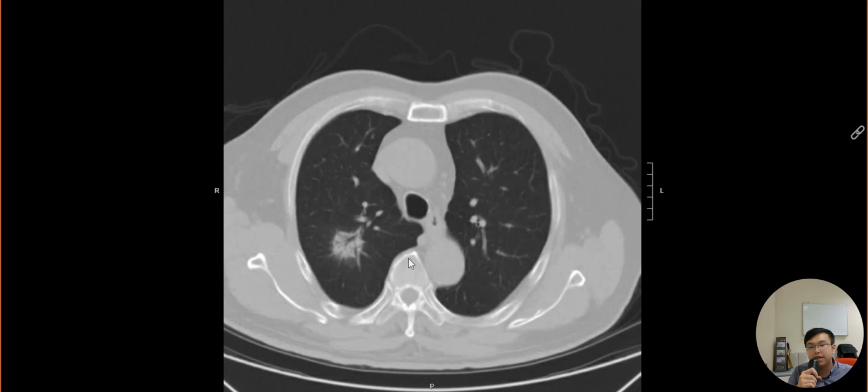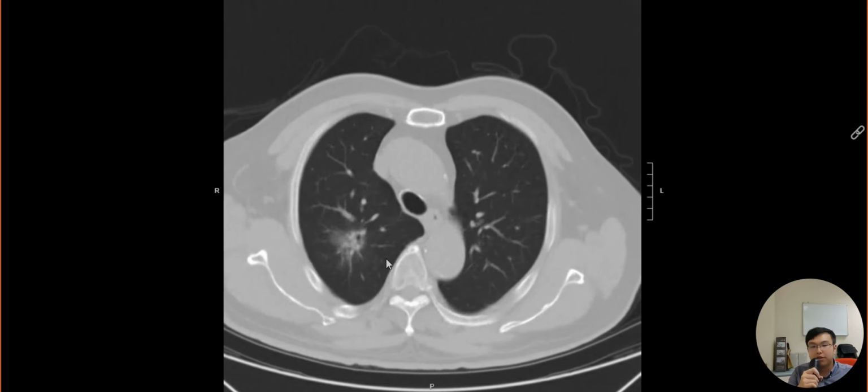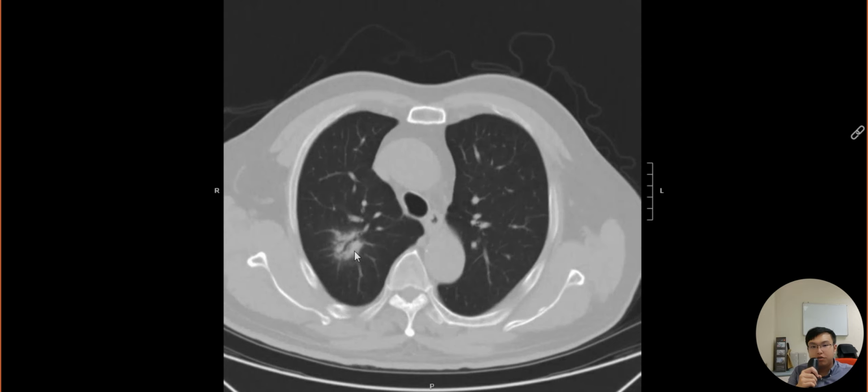But tissue diagnosis is actually very essential, even when we have the blood test, because we can do all sorts of immunology staining and further characterization for the prognostic aspect of the lesion. If we want to do histology, most of the time we are deciding whether to do an endoscopic biopsy or a CT-guided biopsy: one approaches from the central portion of the airway, or we approach transcutaneously from the chest wall.